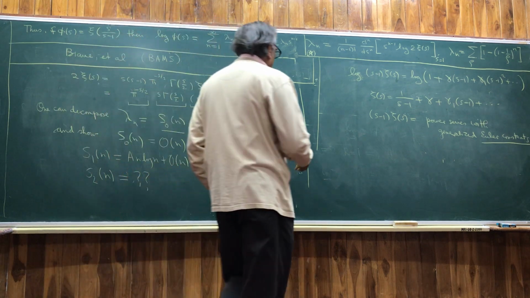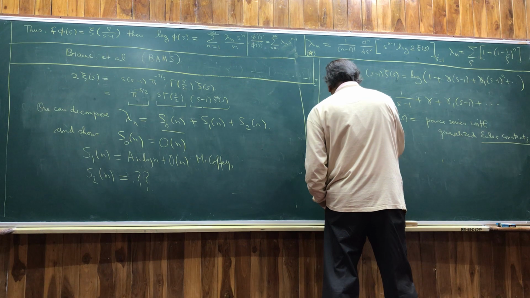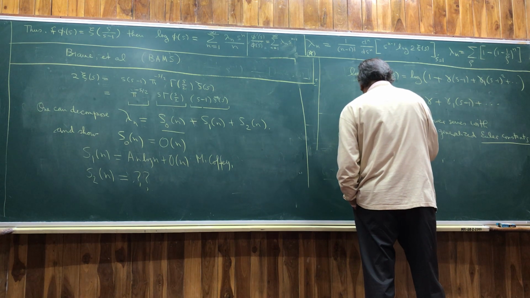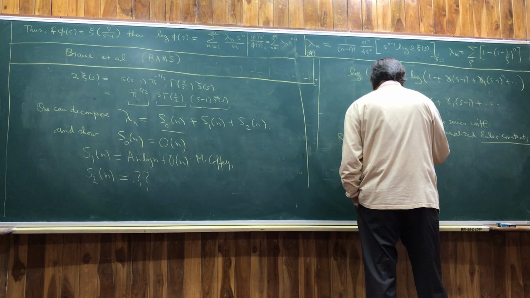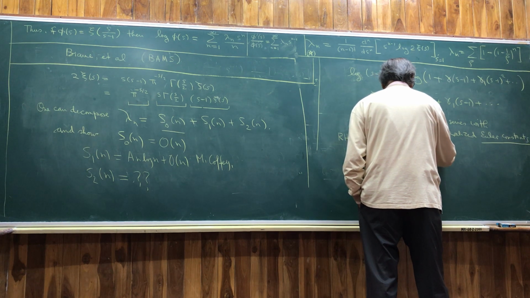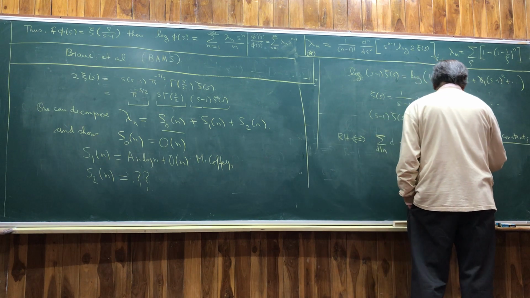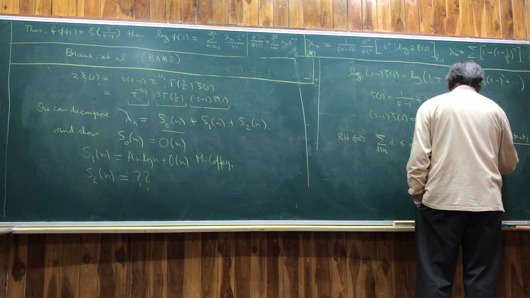Remember, I mentioned this famous equivalence of the Riemann hypothesis that was due to Guy Robin: the sum over d dividing n of d is less than or equal to e to the gamma n log log n for all n bigger than 5040.